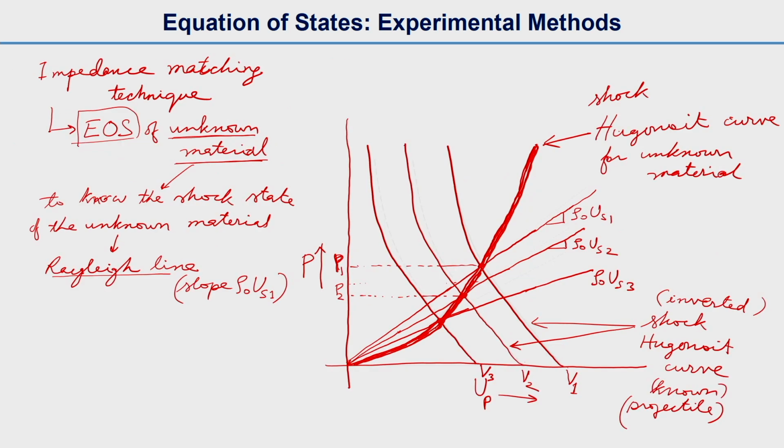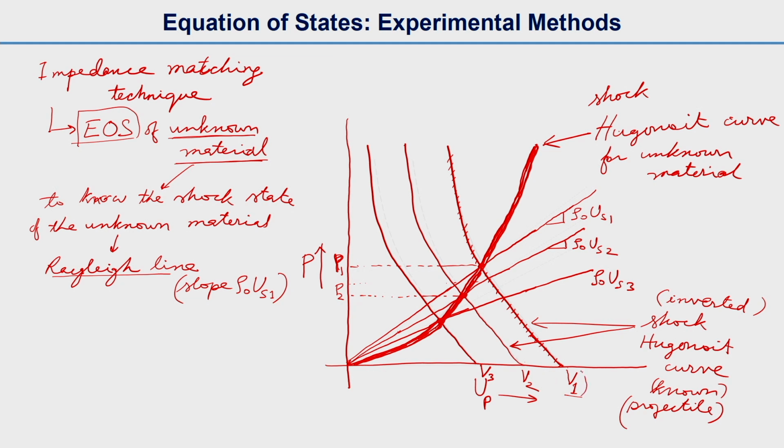Now first we drew this curve, the shock Hugoniot curve for the known material, that is the projectile, at the impact velocity V1.